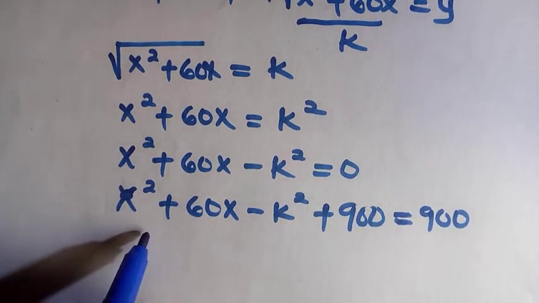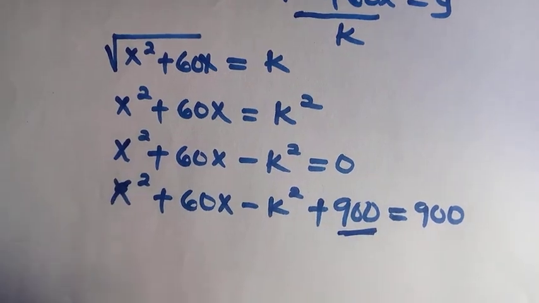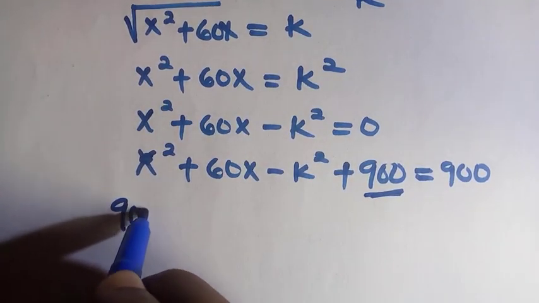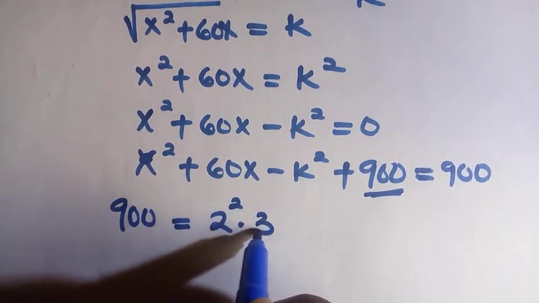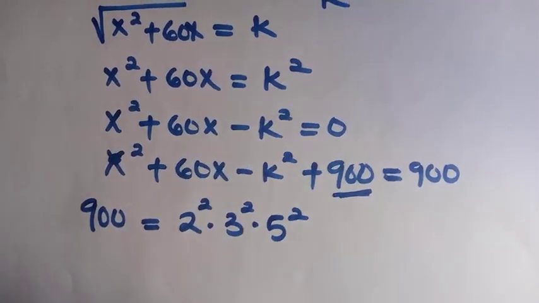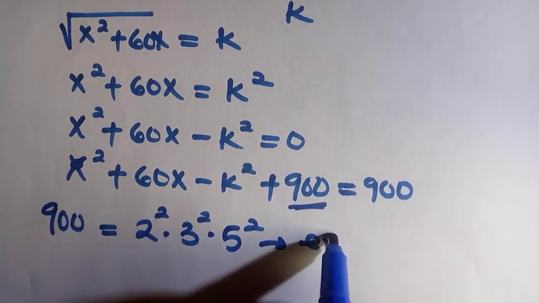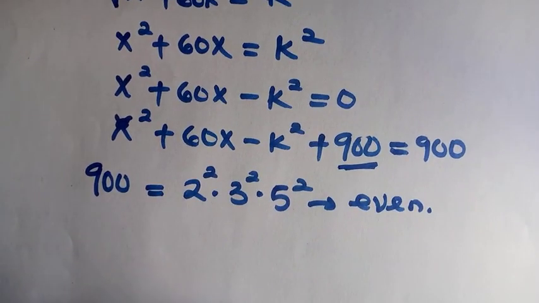Then if I factorize this, the possible value of 900 is 2 raised to power 2, 3 raised to power 2, and 5 raised to power 2, and all these are even numbers.